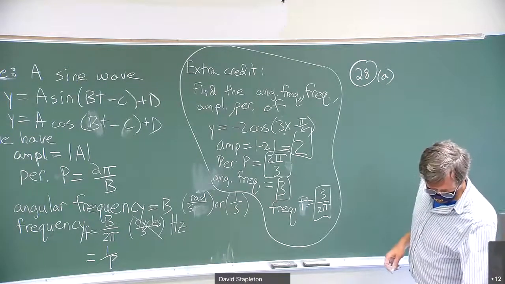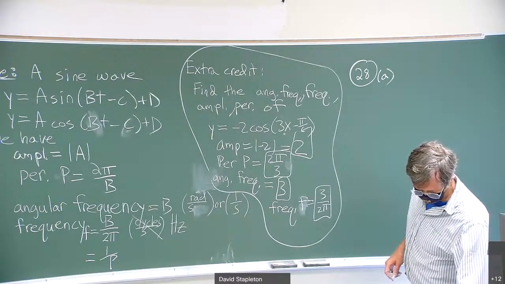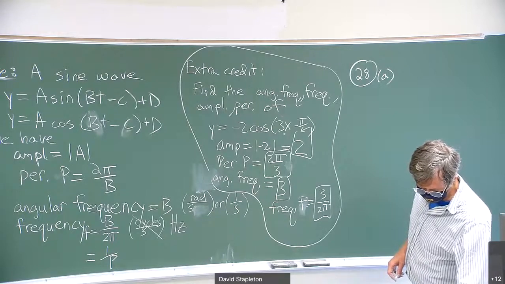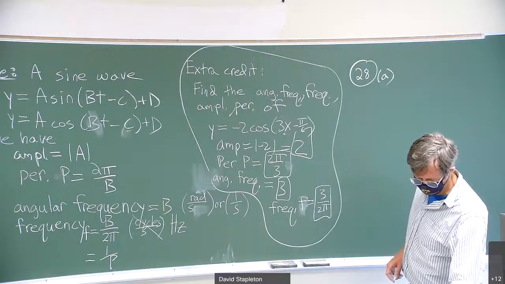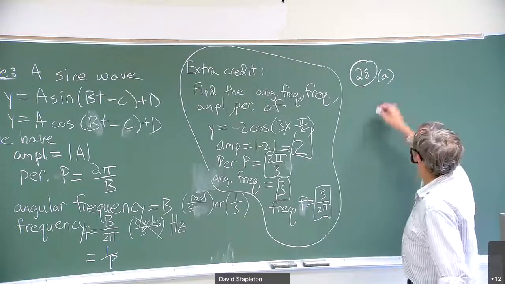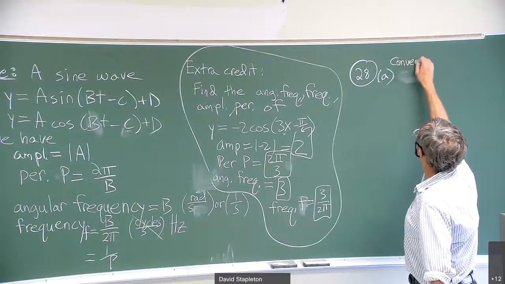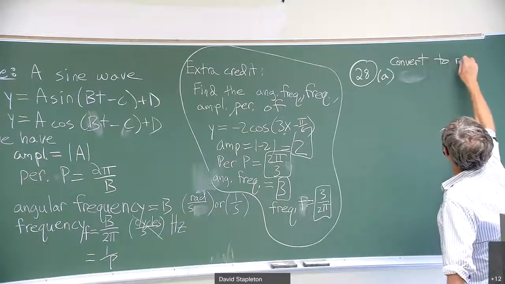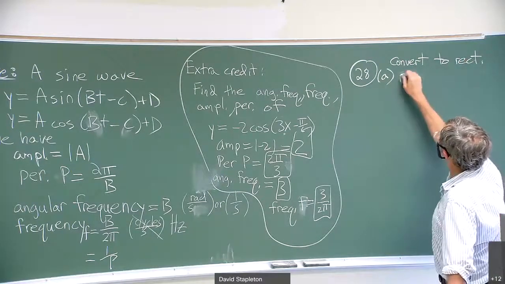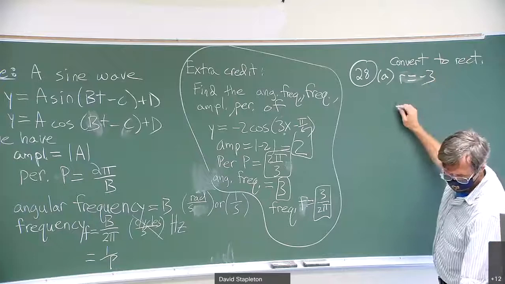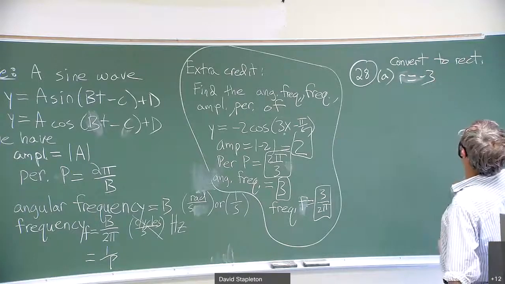So what if I ask you to convert each equation in polar coordinates to rectangular coordinates? So convert r equals -3 to rectangular coordinates. What is that?